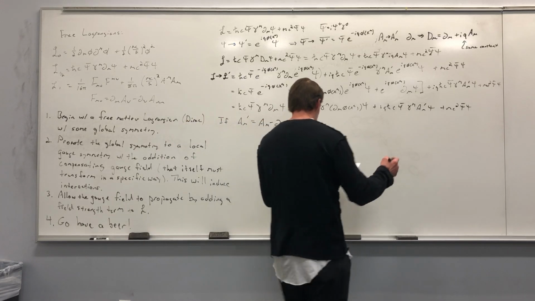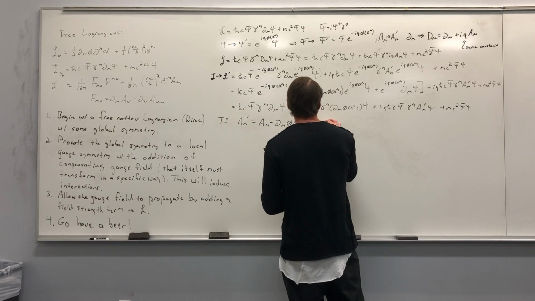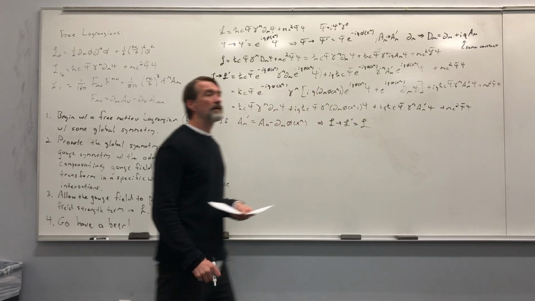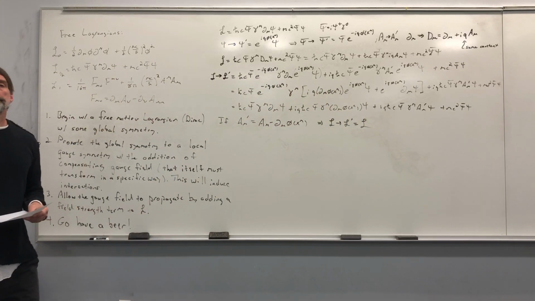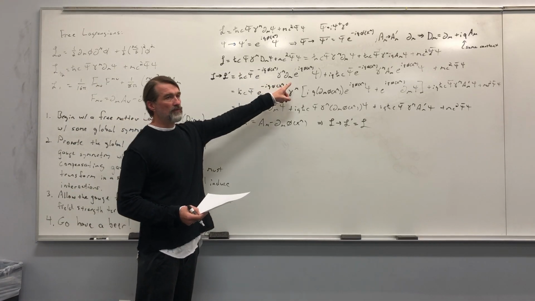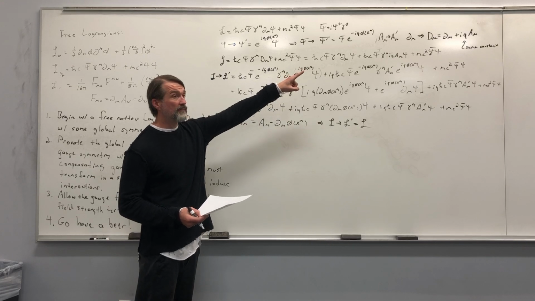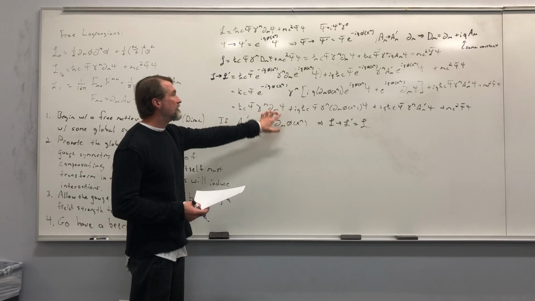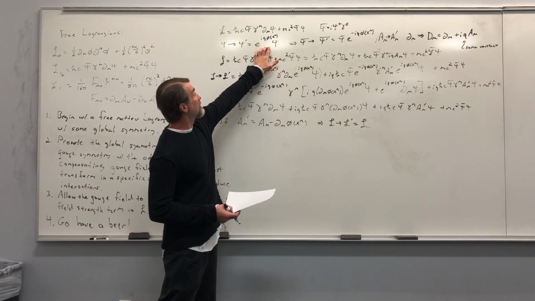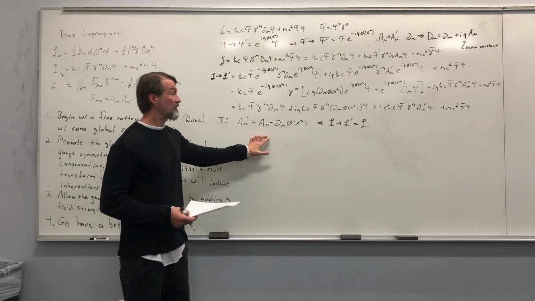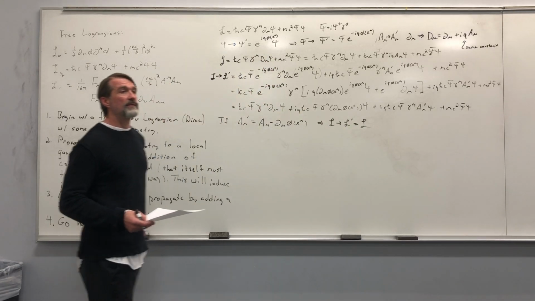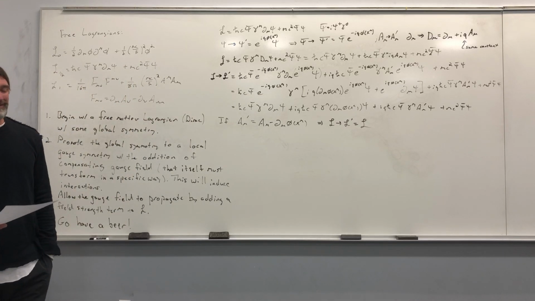Okay? So if this is the case, then L goes to L', which is L. That is, by introducing this A_μ to the derivative redefinition, and imposing that A_μ transforms like this, which is very different than this, way different, then my Lagrangian is invariant under this local transformation.